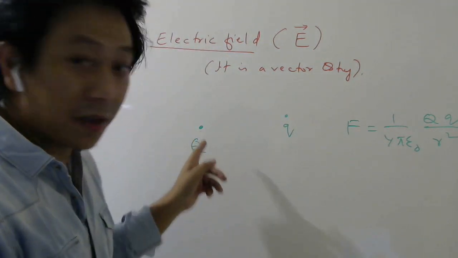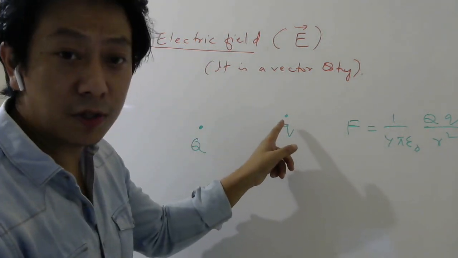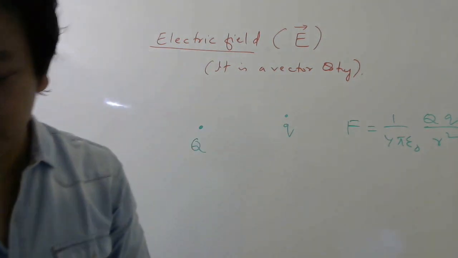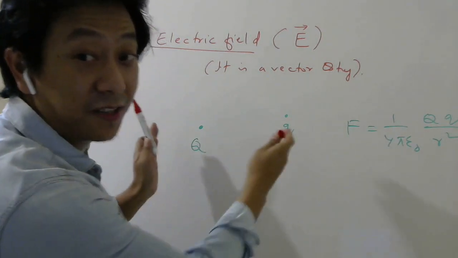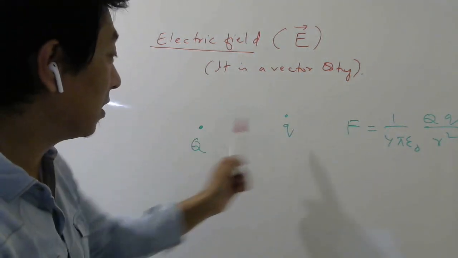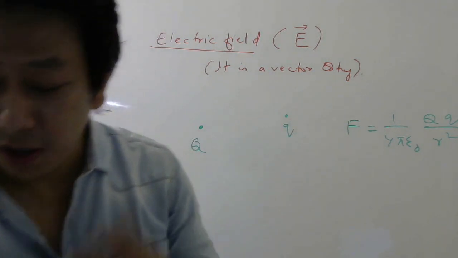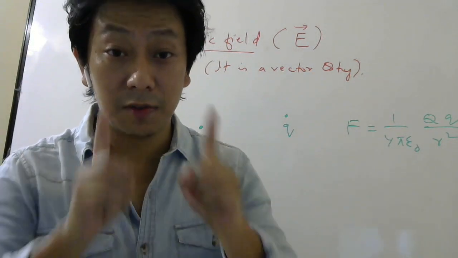People did not like this concept that this charge is able to exert force on this charge directly, without any mechanism by which the force can be transmitted from here to here.